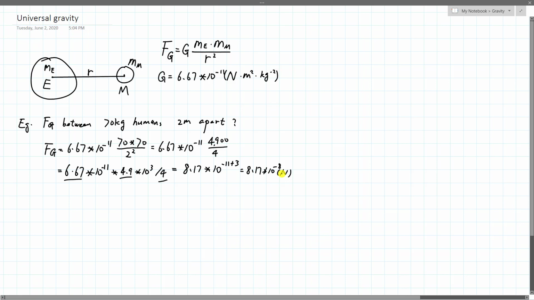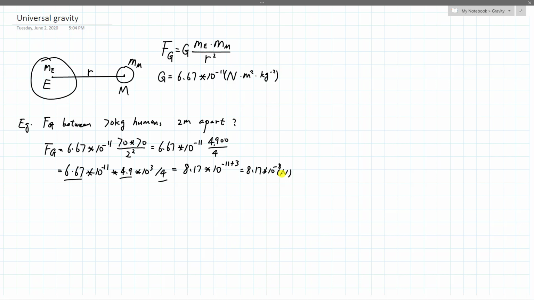So it's very hard to measure forces of that small magnitude, and no wonder people don't get stuck together because of gravity. They attract each other, but gravity is just not a very effective way of getting masses so small to be stuck together.